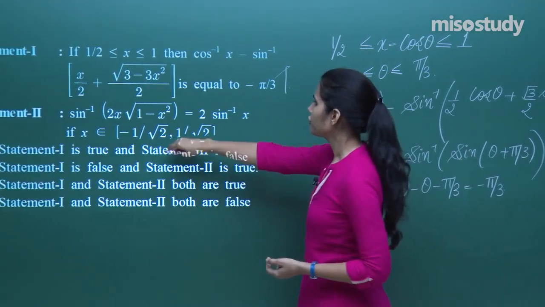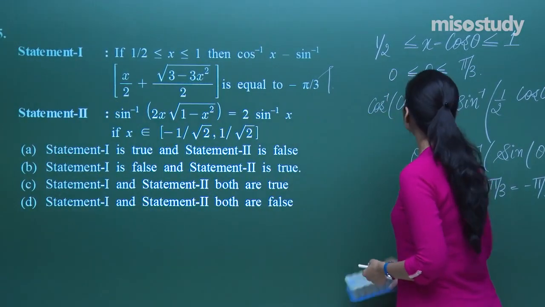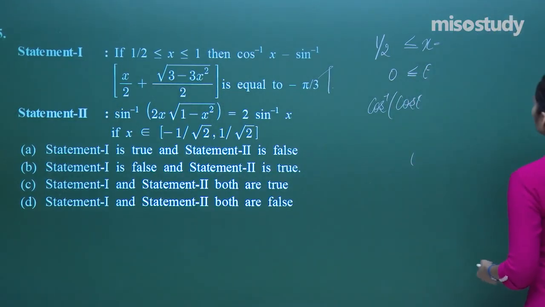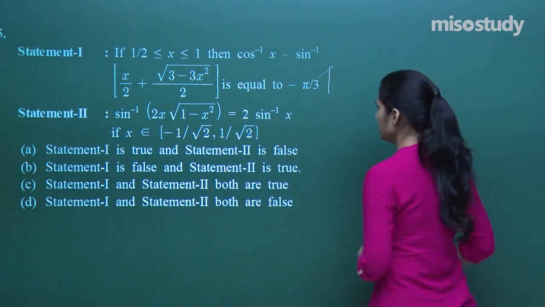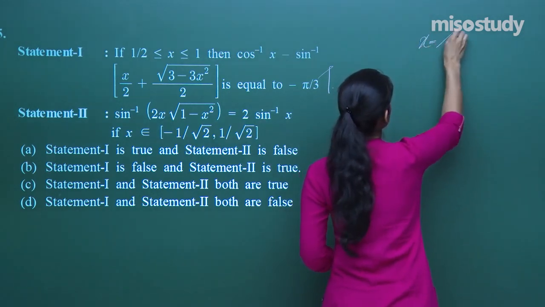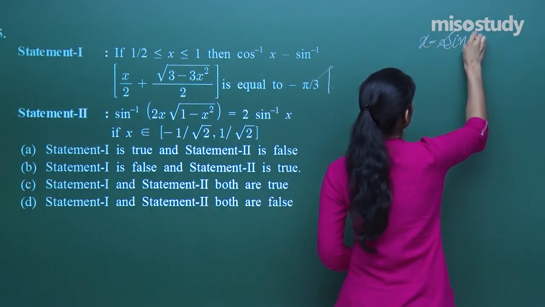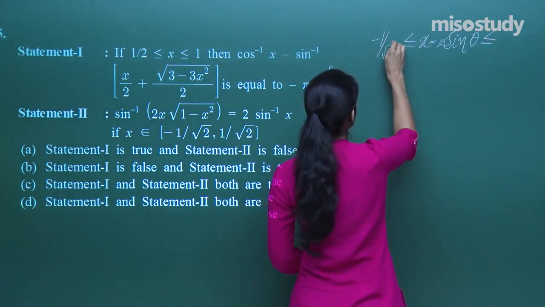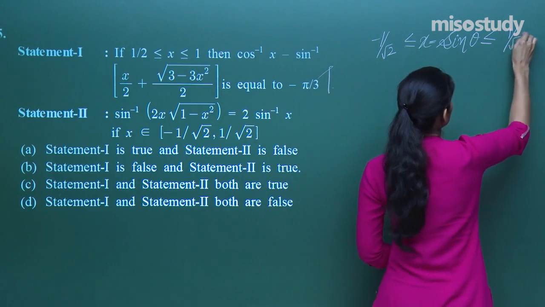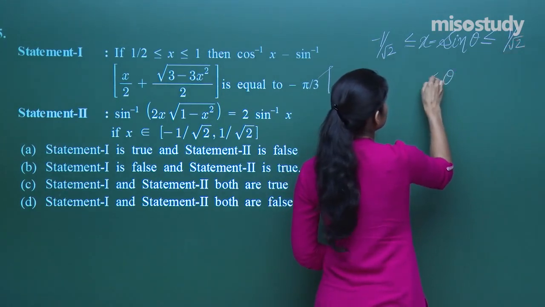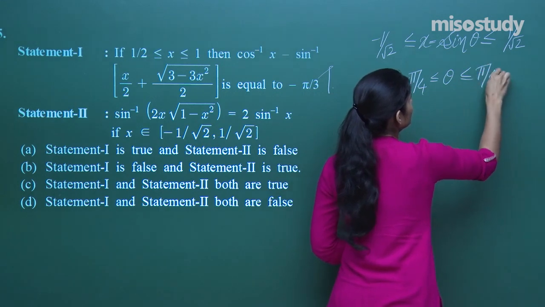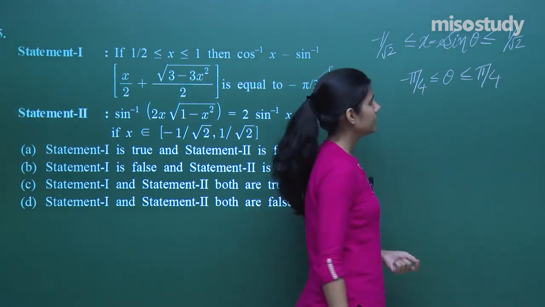In a very similar fashion, here if I take x equals sine theta, what do I get? It is given to me that x is lying in minus 1 by root 2 to plus 1 by root 2. So very clearly theta is lying between minus pi by 4 to plus pi by 4. Clear?